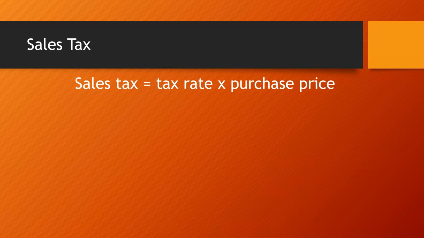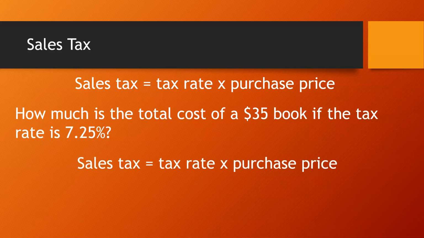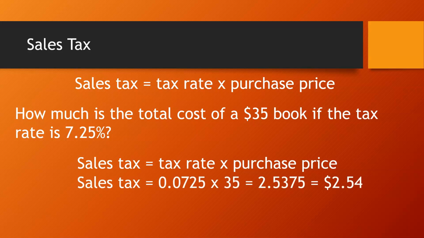When we're finding sales tax, we're actually finding percent of a number. Sales tax is the tax rate times the purchase price. For example, if we'd like to know what the total cost of a $35 book is, if the tax rate is 7.25%, we'll find the sales tax first by taking the tax rate times the purchase price.